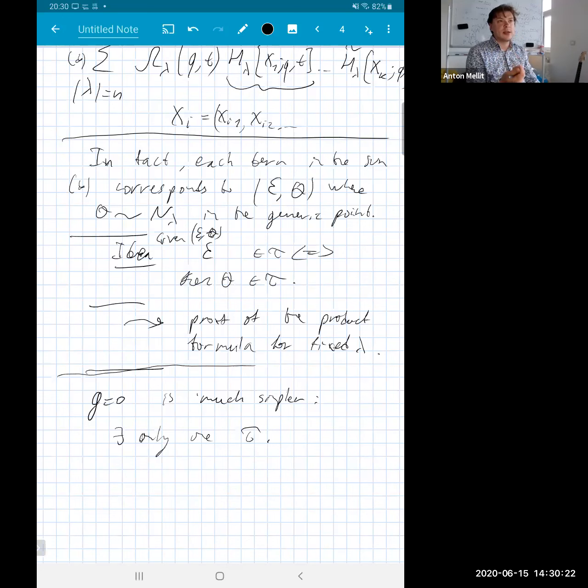You just have to say which line bundles are in tau. Let's say all negative are in tau and all positive are not. So there is only one tau, and there is omega, and omega of q, t is given by the product of cells 1 over q to the arm.